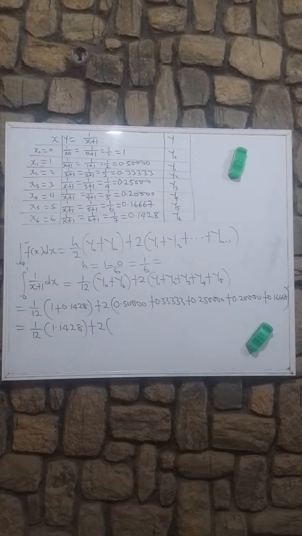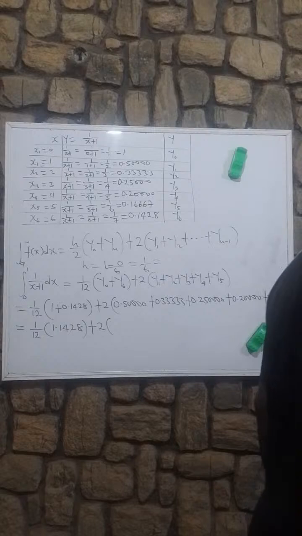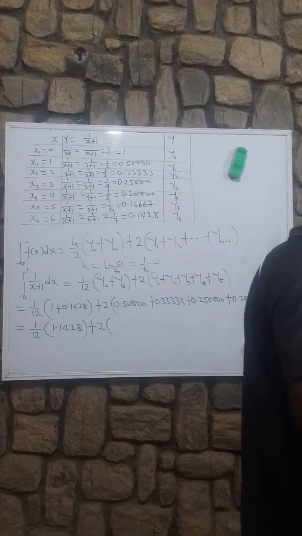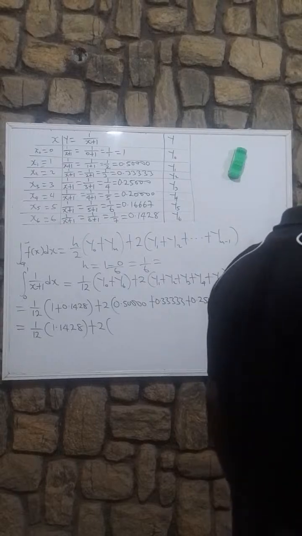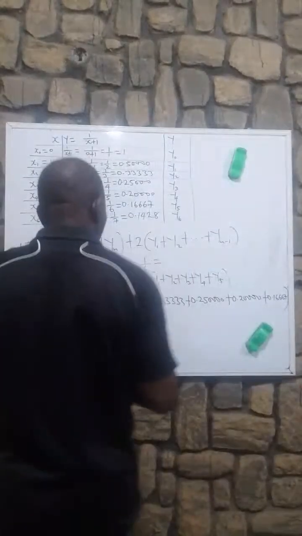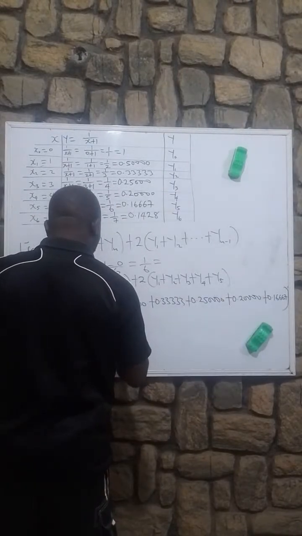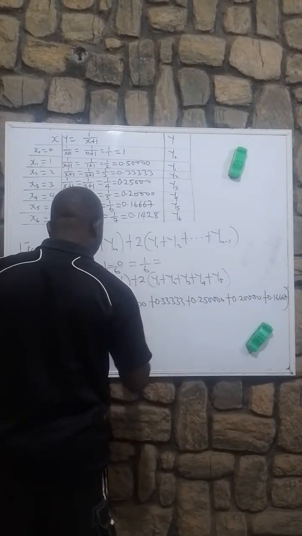After adding up, you are going to have 1.45. After adding this and this, 1.45.